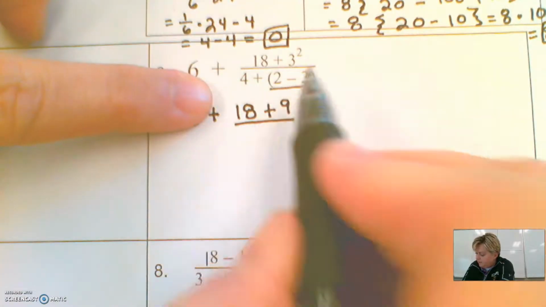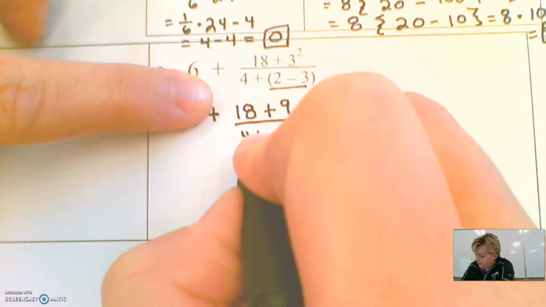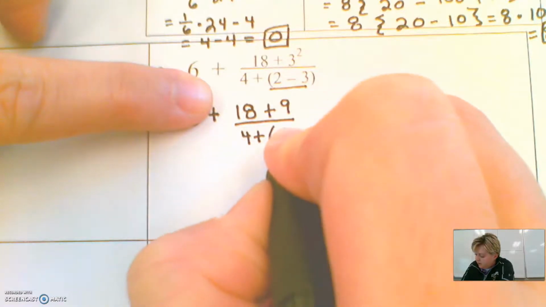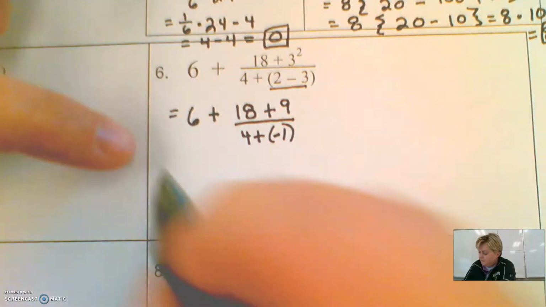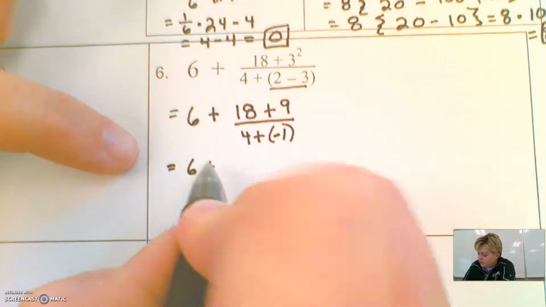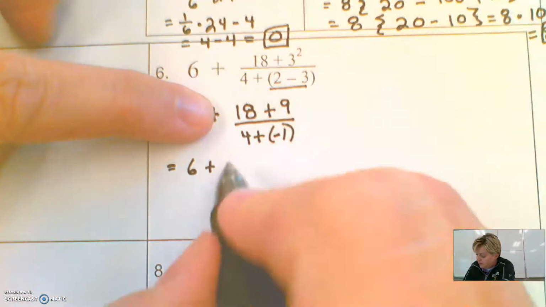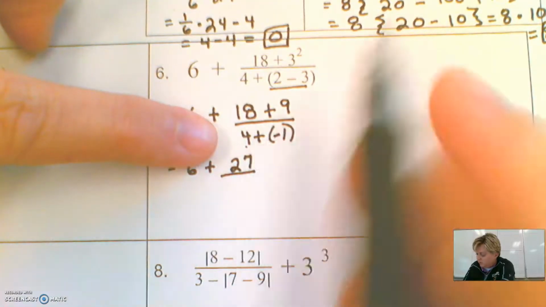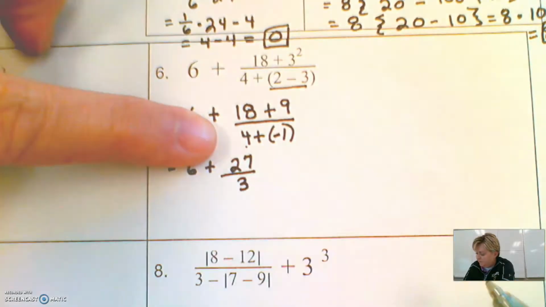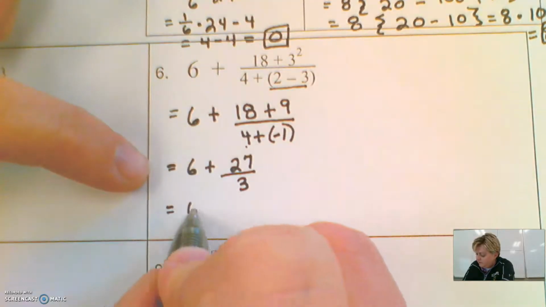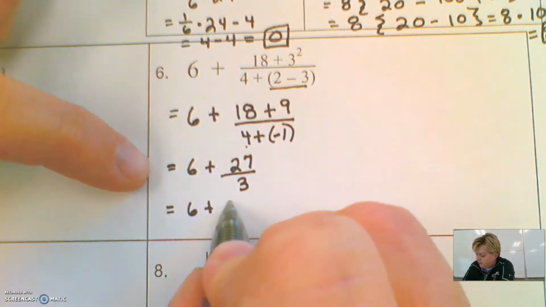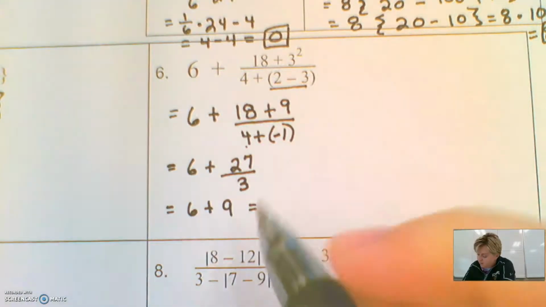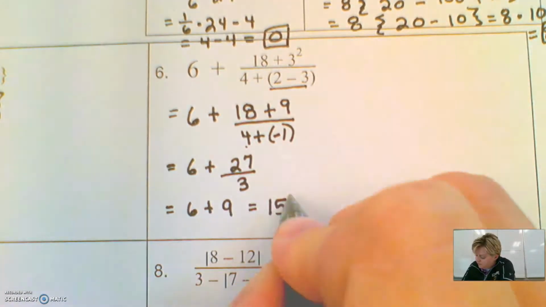Denominator, you have grouping. 2 minus 3 is negative 1. Back to the fraction. Numerator, 18 plus 9. Denominator, 4 plus negative 1. Reduce the fraction, 27 divided by 3. And 6 plus 9 is 15.